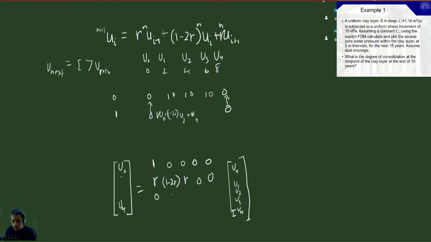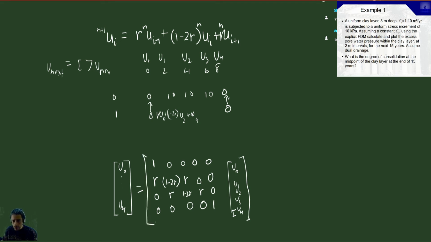Then u2 is equal to r times u1 plus 1 minus 2r times u2, and r times u3, and 0 times u4, and u4 is equal to the previous u4 and nothing for the other ones.